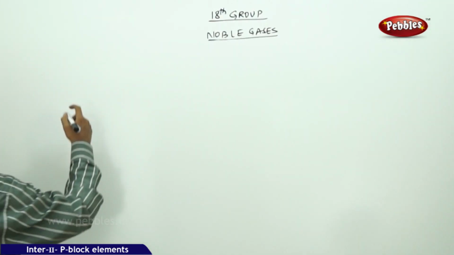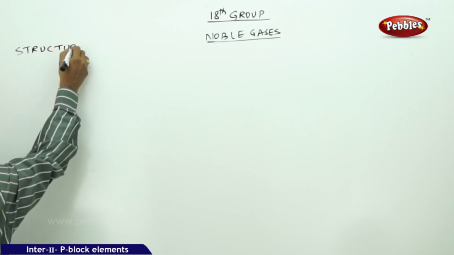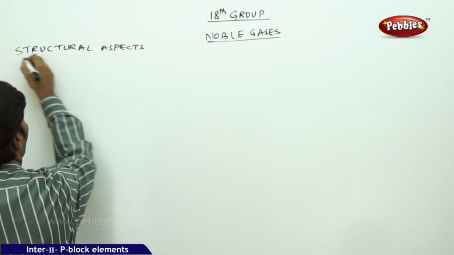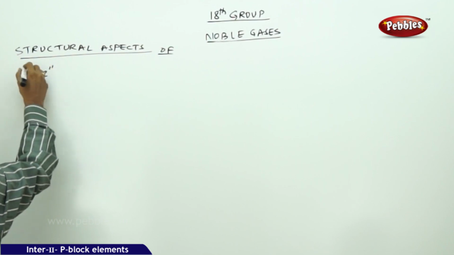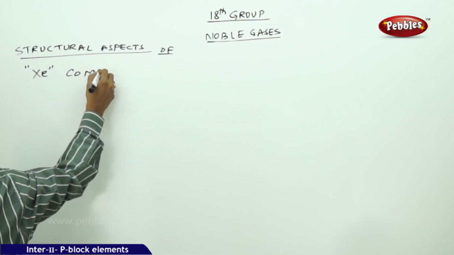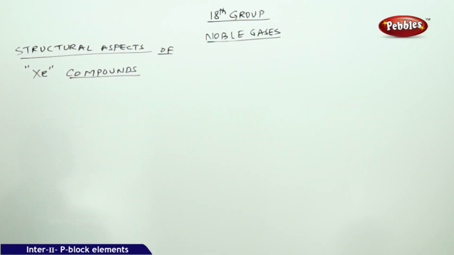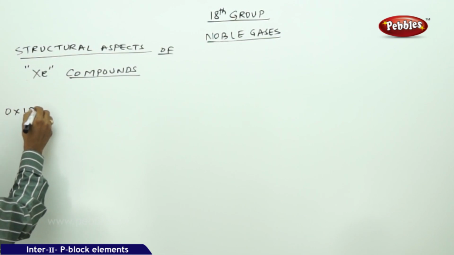So the next part of the discussion here is the structural aspects of xenon compounds. So if we go to the structural aspects of xenon compounds, here we have different structural aspects. Like let us go for oxides.